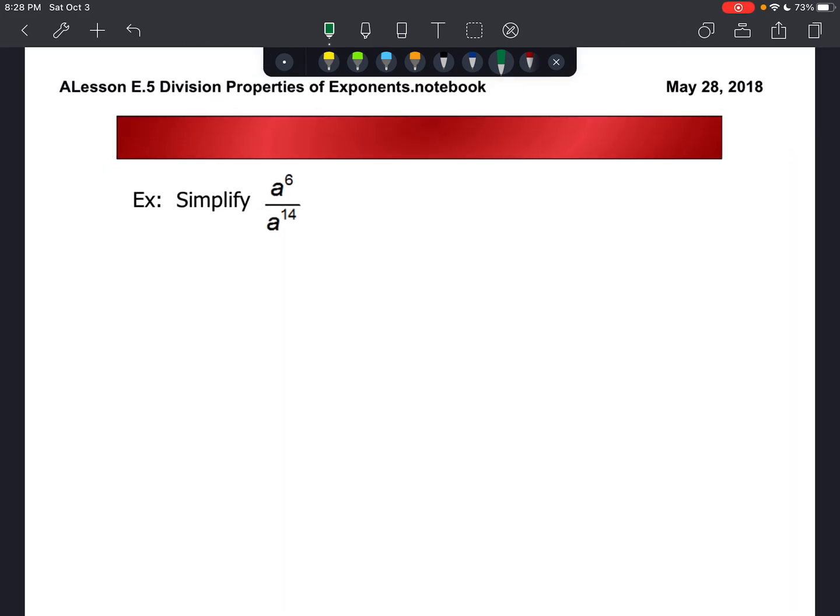So let's practice. A to the 6th over a to the 14th. I'm going to have 6 a's in the numerator, and in the denominator I'm going to have 14.